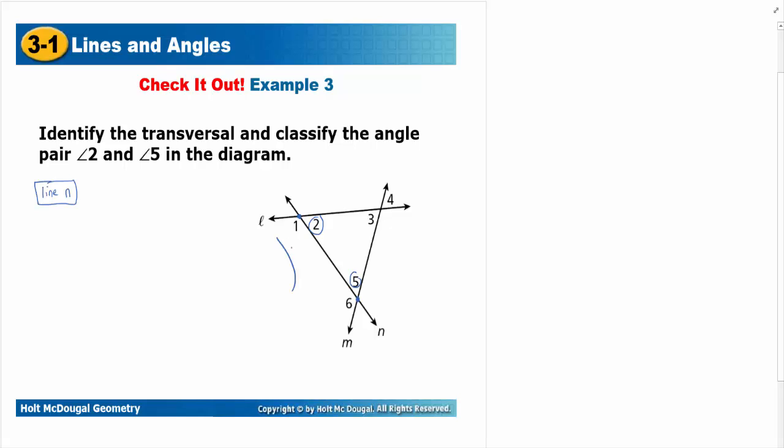Well, they're both on the interior of the 2 coplanar lines that the transversal is going through, and they're also on the same side. So this would just be good old same side interior. Like I said, hopefully you're getting the hang of that. That's about as hard as they'll get, at least for this section.